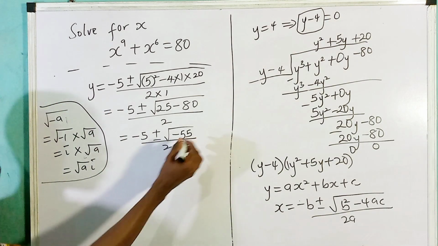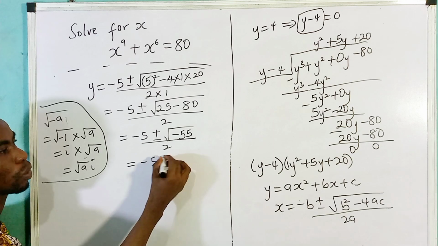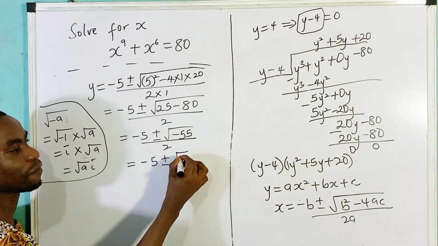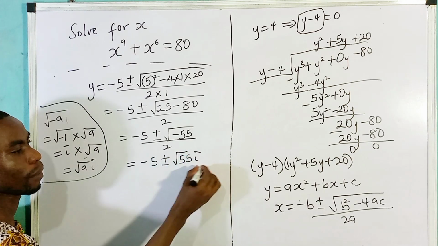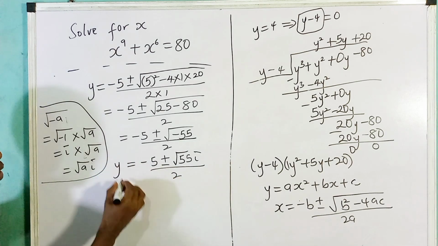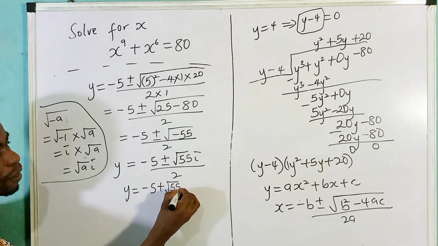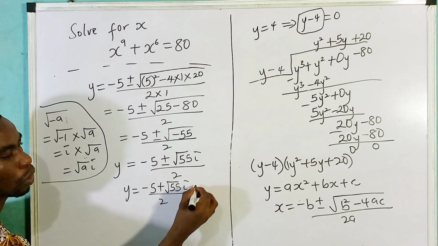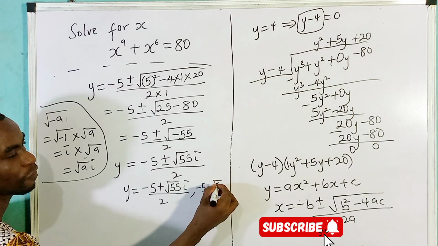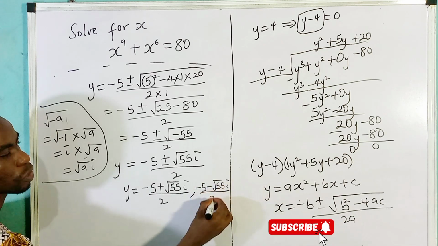It's the same process here. This will be minus 5 plus or minus the square root of 55 i, divided by 2. So it means that y is either minus 5 plus the square root of 55 i over 2, or minus 5 minus the square root of 55 i over 2.